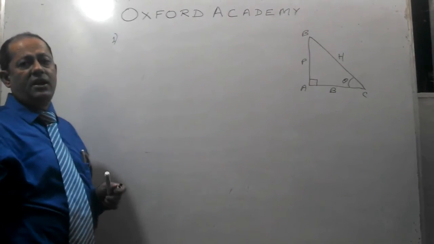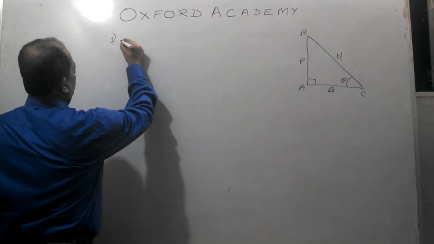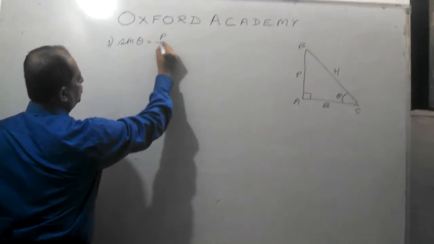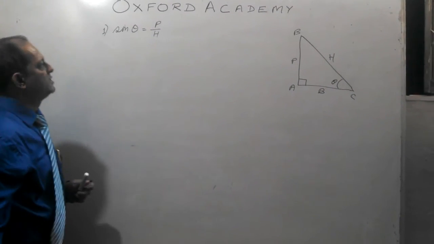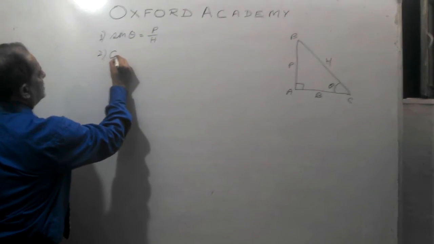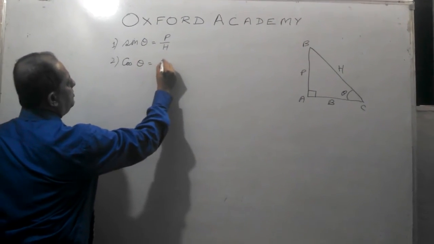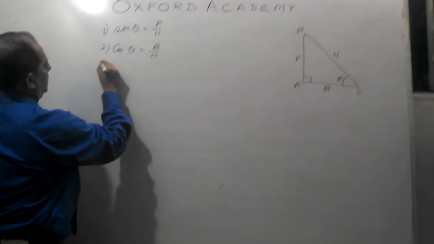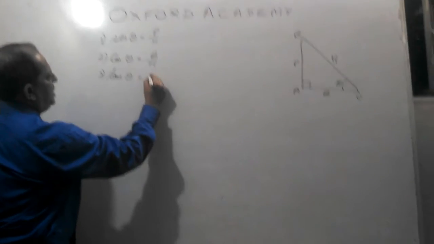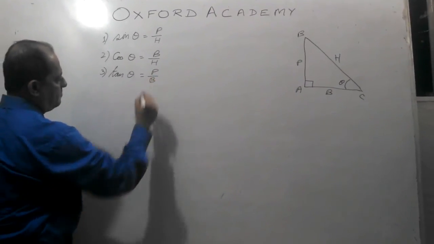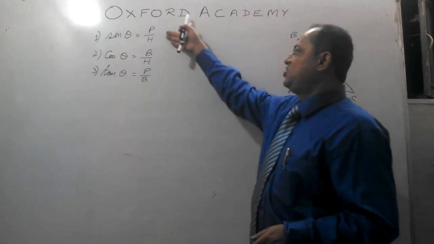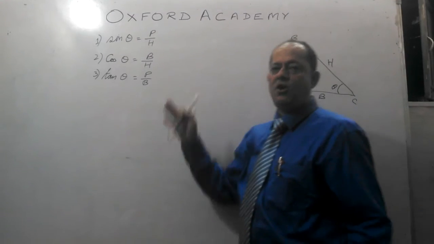We have certain trigonometric ratios. Sin theta is equal to P by H, that is perpendicular by hypotenuse. Cos theta is equal to B by H, and tan theta is equal to P by B. So you can repeat after me: P by H, B by H and P by B. P by H is for sine, B by H is for cos, and P by B is for tan.